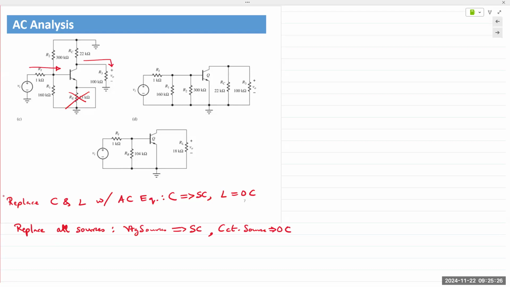Voltage sources are replaced with a short circuit. Current sources are replaced with an open circuit. I would specify it is replace all DC sources. We are performing AC analysis, so we have to get rid of all the DC sources in the circuit.